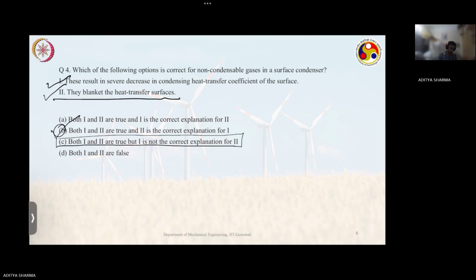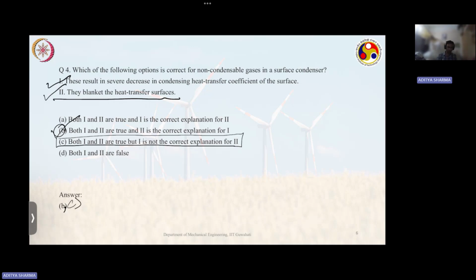Because if you say one is not the correct explanation for two, that is also a correct statement. But maybe I should have avoided this option. Otherwise, both B and C become correct options, right?